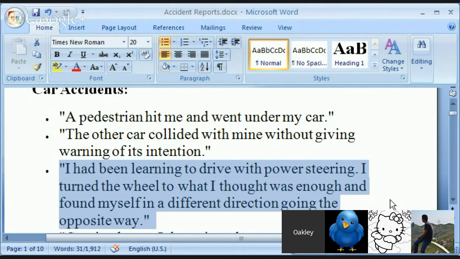Okay. Why is this sentence so confusing? What has the writer done here that makes this completely confusing, to me anyway? I turned the wheel to what I thought was enough, and found myself in a different direction. Now, what's missing here? I found myself in a different direction.